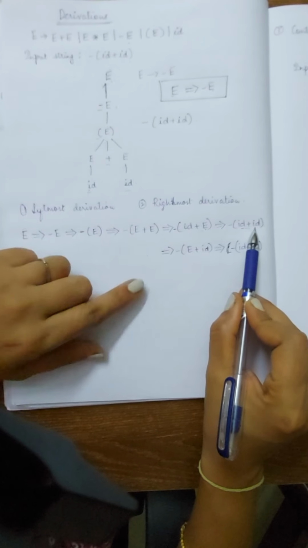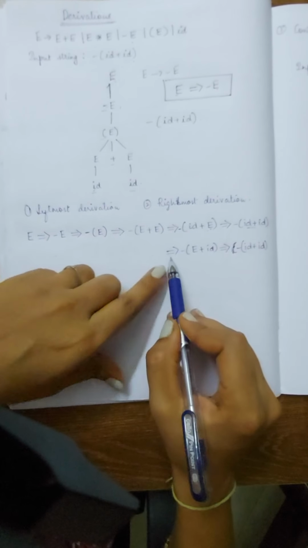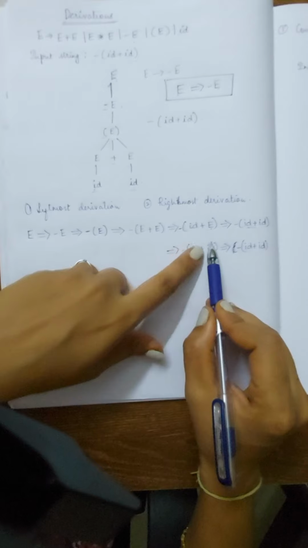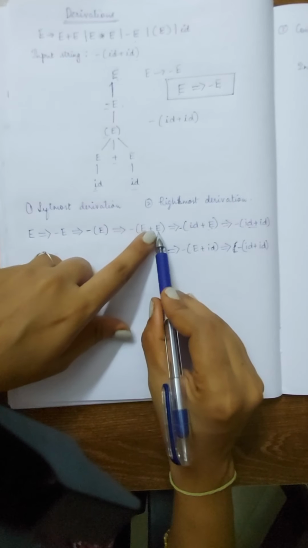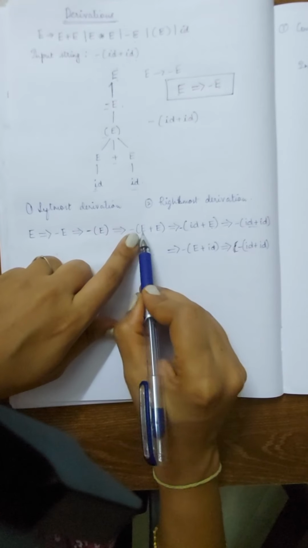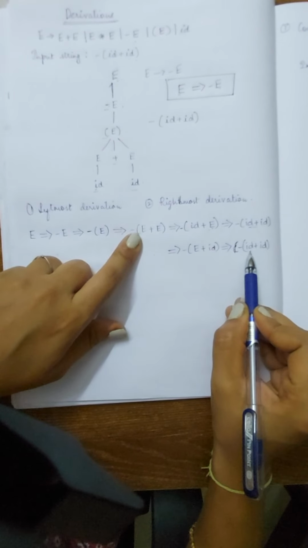Or it can also be written with the same steps followed by minus E, where this E is replaced with ID first, and then this first E is replaced by ID afterwards.